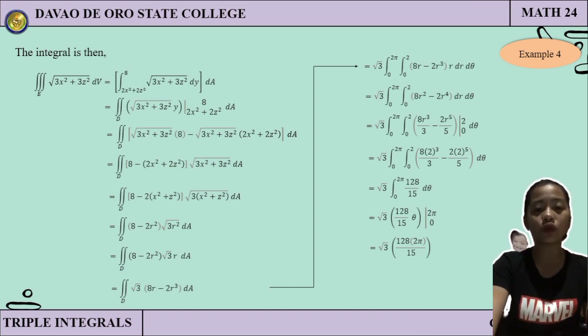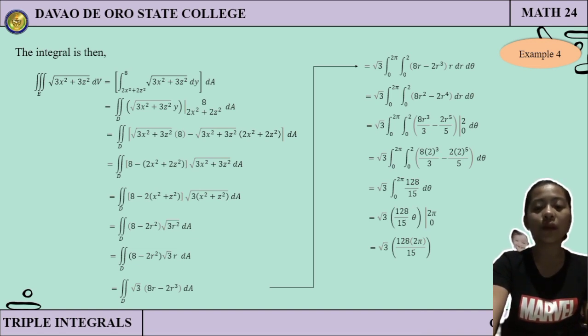Now we are going to do that also in this part, so we will have the double integral of 8 minus 2r squared times square root of 3r squared dA. Cancelling the square root of r squared, we will have the double integral of 8 minus 2r squared times square root of 3 r dA. In this part, we can distribute r in the 8 minus 2r squared. So we will have the double integral of square root of 3 times 8r minus 2r cubed dA.